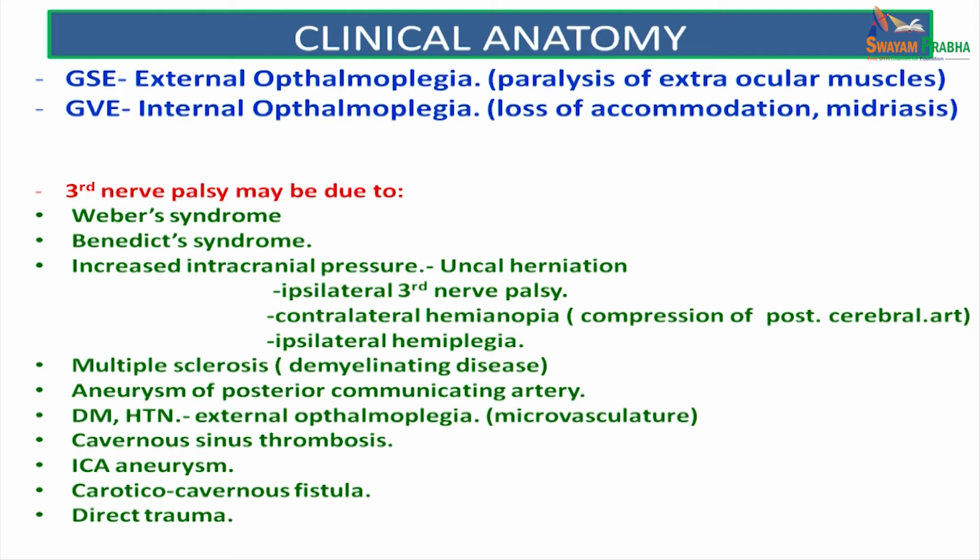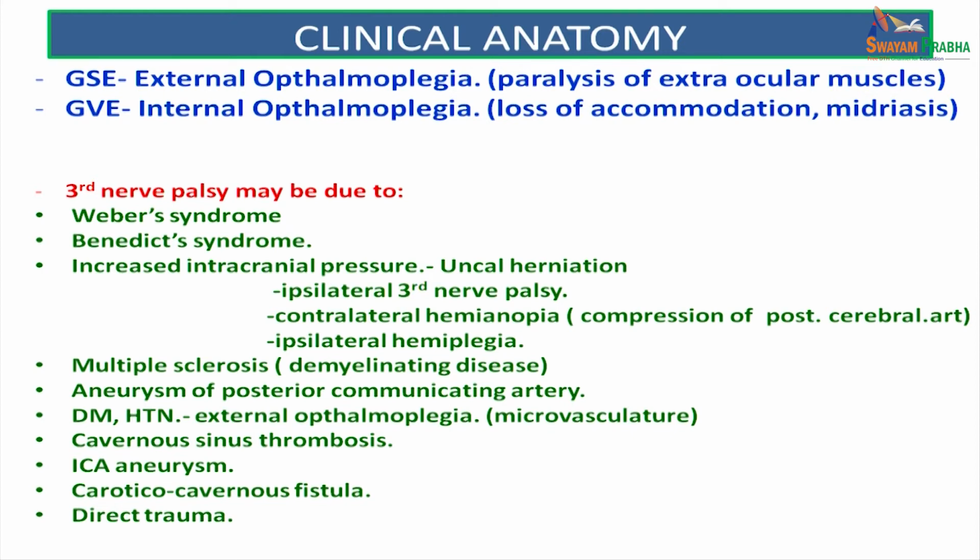With that, there is ipsilateral third nerve palsy and contralateral hemianopia, because there is compression of the posterior cerebral artery, which also supplies the visual area of the occipital cortex, and it also causes ipsilateral hemiplegia, because the crus cerebri is also involved. And in multiple sclerosis also, third nerve palsy is seen.